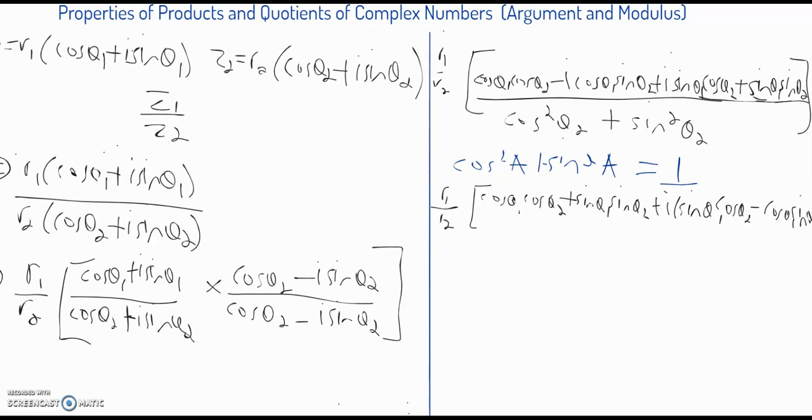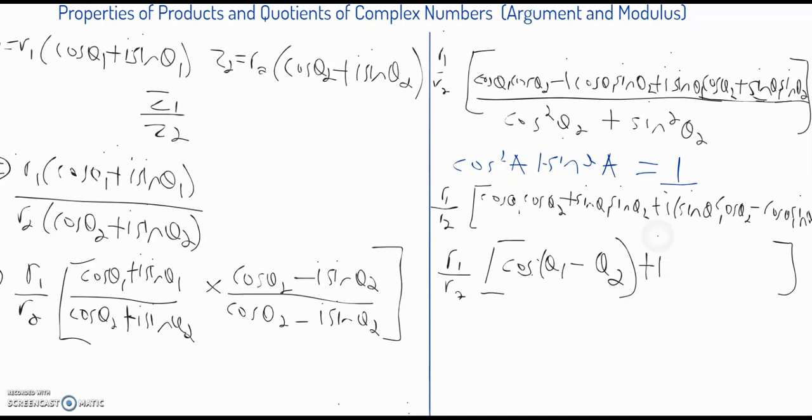Now this breaks down to give me r1 over r2, open bracket. So cos theta 1 cos theta 2 plus sine theta 1 sine theta 2, that's simply going to be the cosine of theta 1 minus theta 2. That's a compound angle formula for cos.